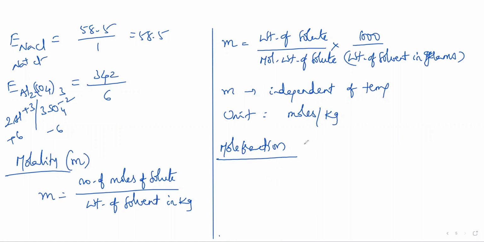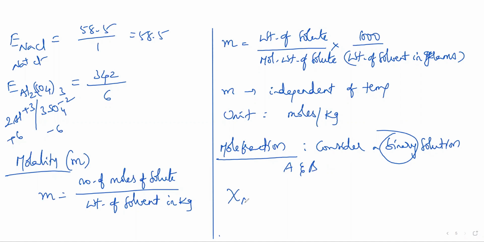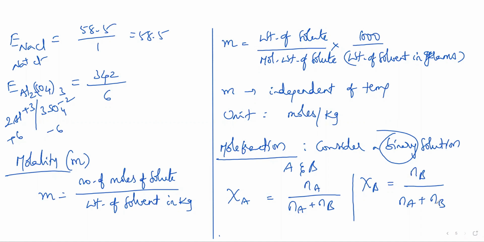Next, mole fraction. Let us consider a binary solution. What is a binary solution? Which has two components, A and B. Mole fraction of A is number of moles of A by number of moles of A plus number of moles of B. Similarly, mole fraction of B is number of moles of B by number of moles of A plus number of moles of B. But always the mole fractions of all the components present in a solution should add up to 1.